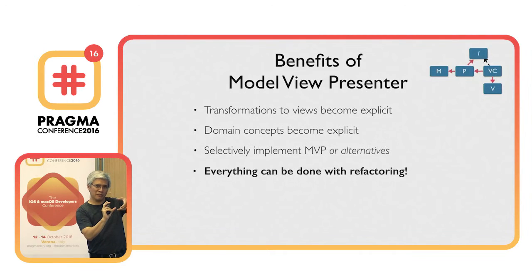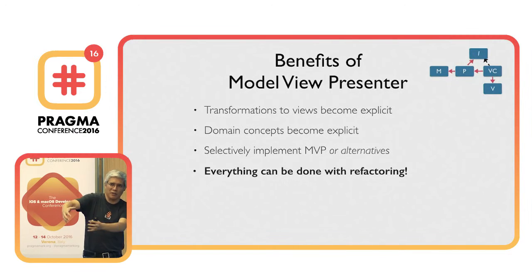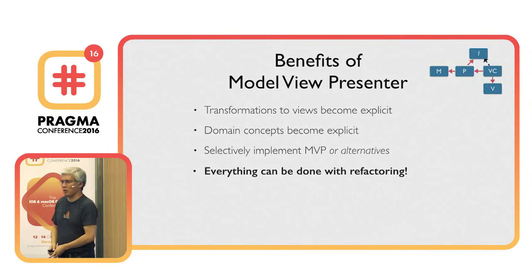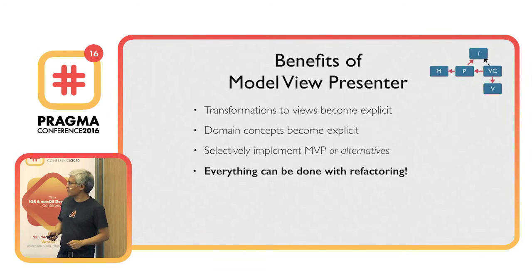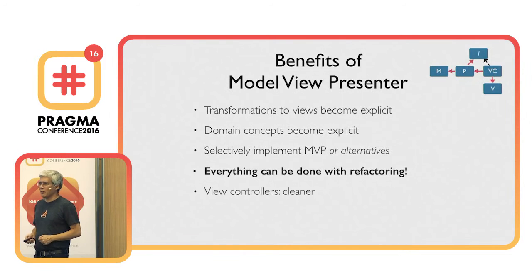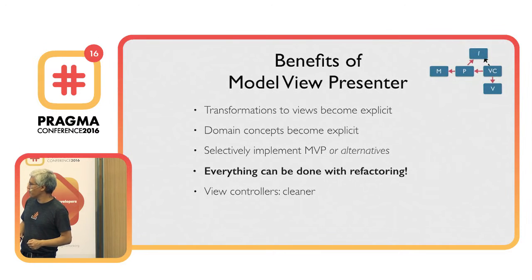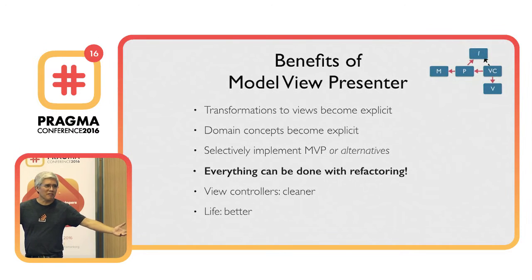It would just be a little different because I think there are ways to do it, to sort of hide the view model part within the view controller and then swap it out. There's got to be a way to do it. Use refactoring. It'll keep you sane. We follow these steps. Our view controllers become cleaner. Your life becomes better.